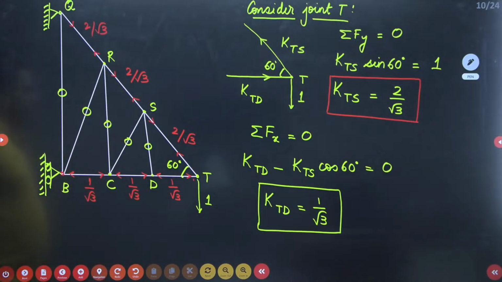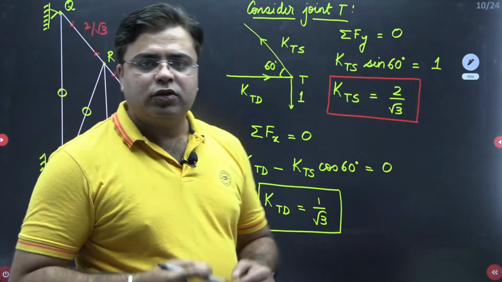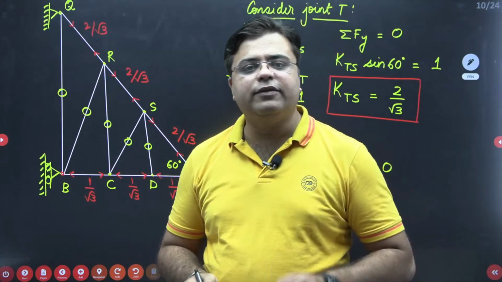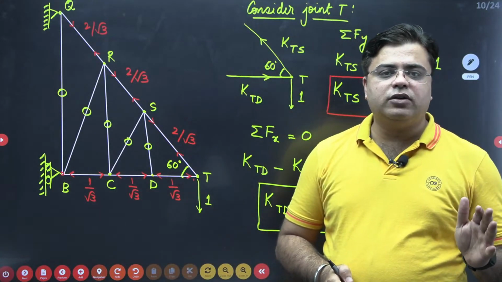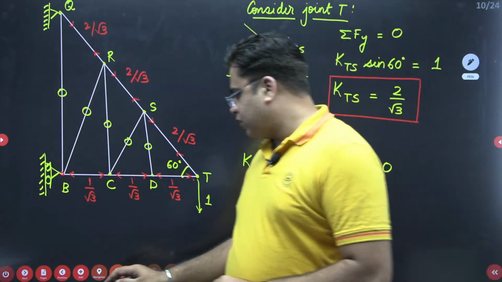So we have calculated all the P values, all the K values. Now the only thing we need to do is take the summation of PKL by AE. So I'll draw a table.